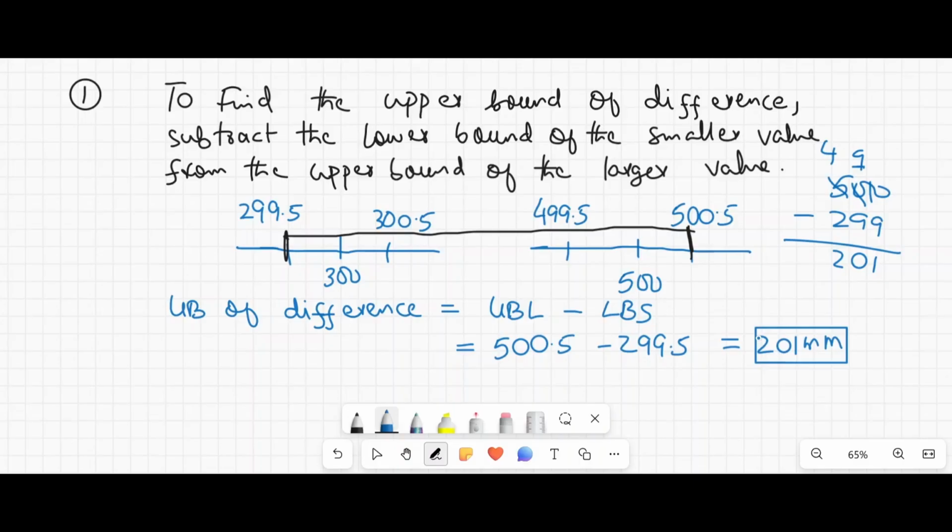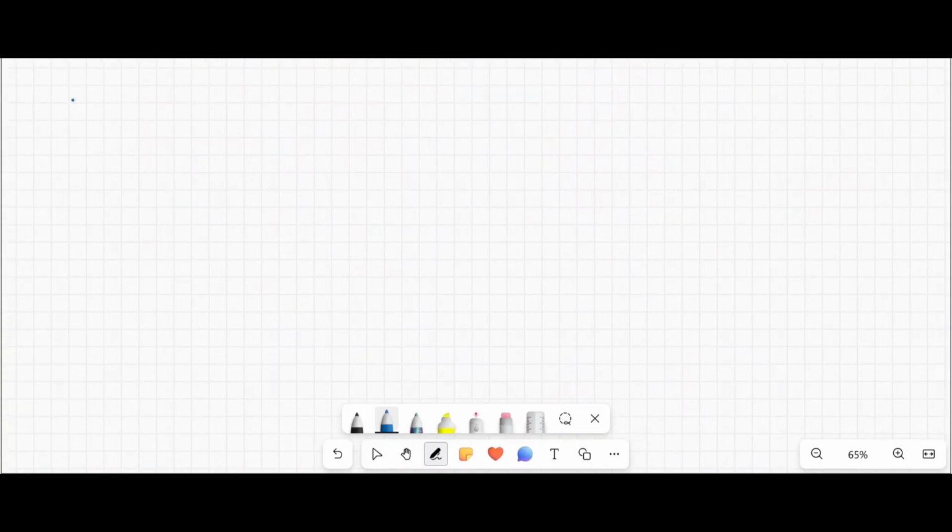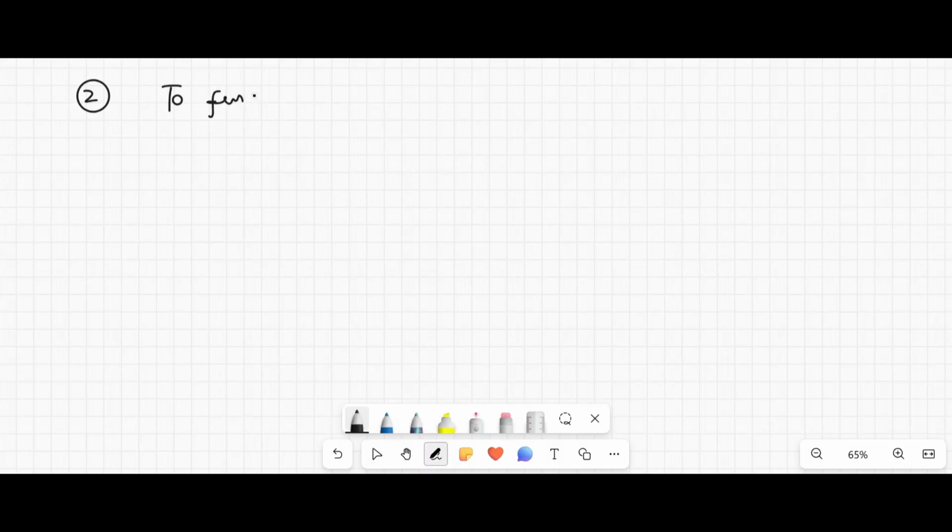So now the second part is to find the lower bound of a difference.